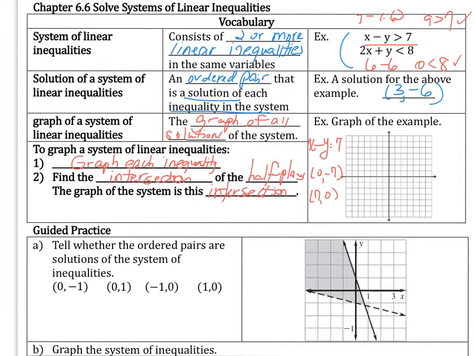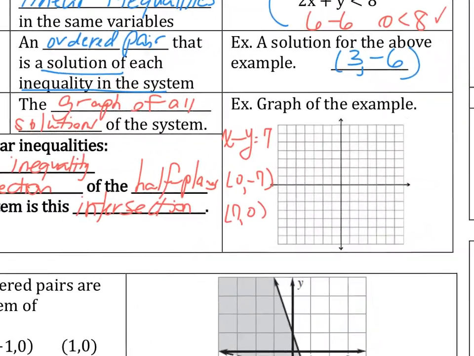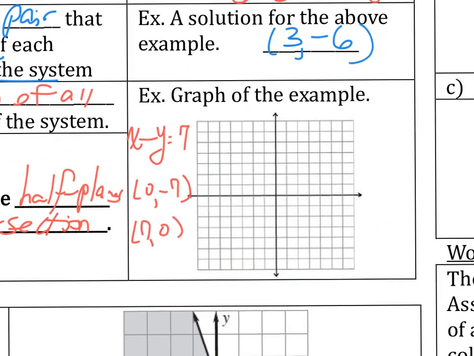So let's just make this a little bigger. Let's do 2s: 2, 4, 6, 8. So 7 is here, and then -7 here, and then we can draw a dashed line.